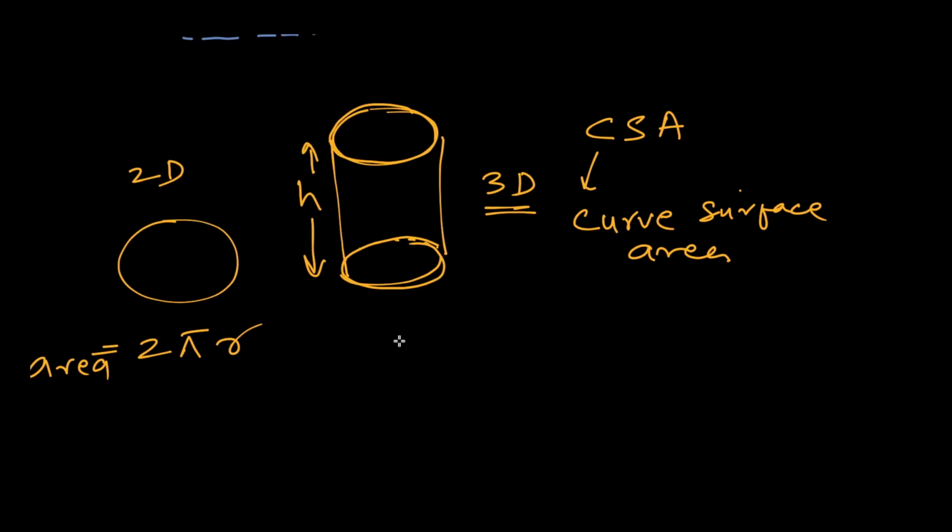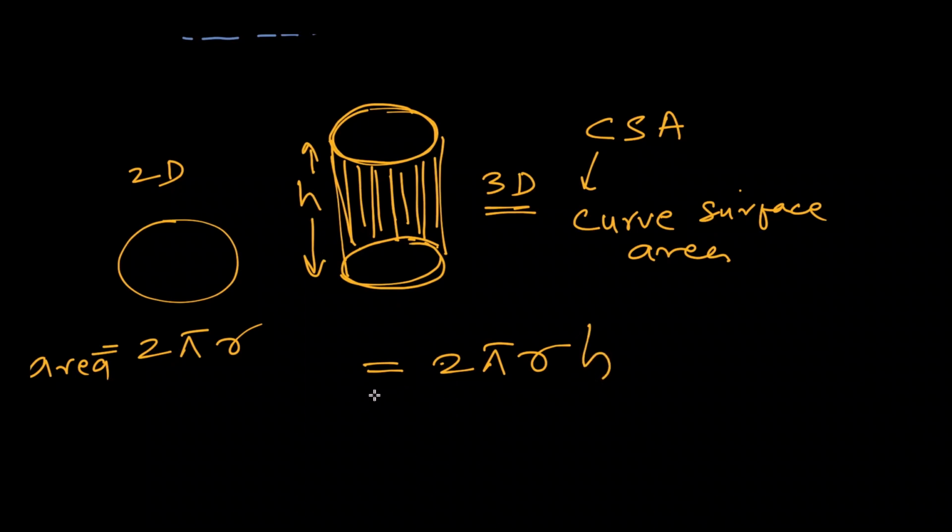What is the circumference area? This is the actual area of this side, which is in the form of a curve. This is the area of the circumference of the cylinder, which is again 2 pi r, but we have to multiply with h.